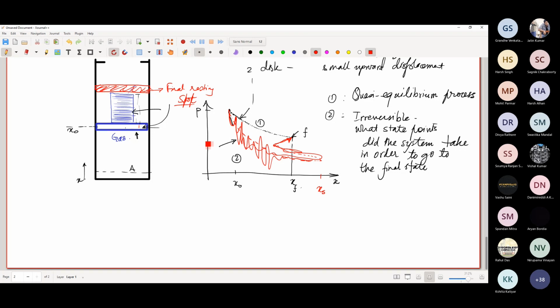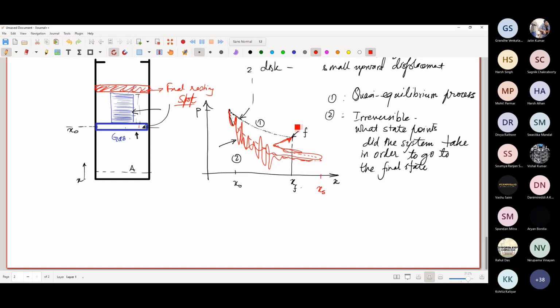This is something which you might have also looked at in your class 11 or 12. The property is something which only depends on the state of the system and is independent of the prior history.